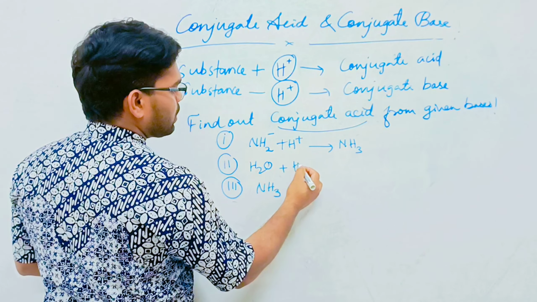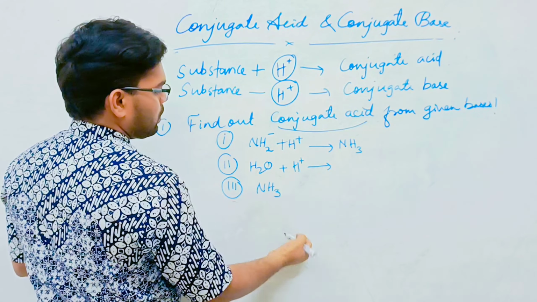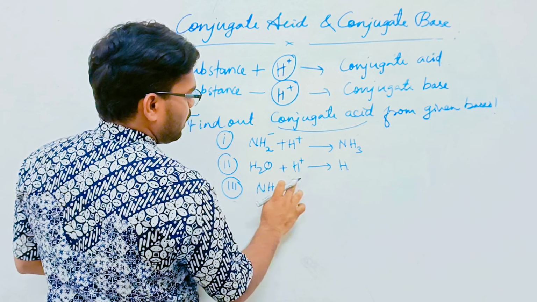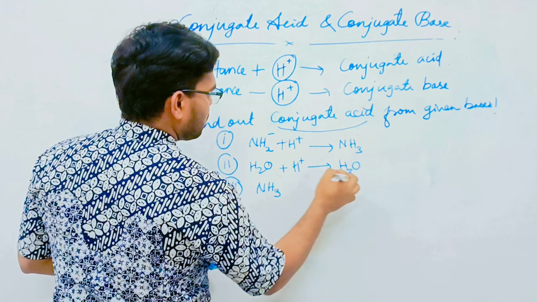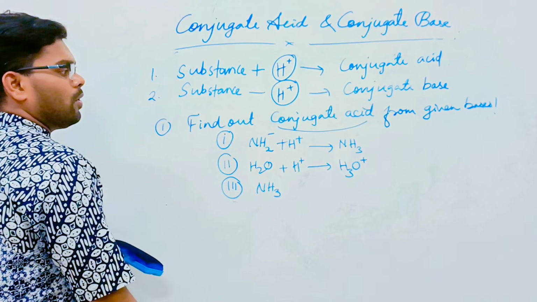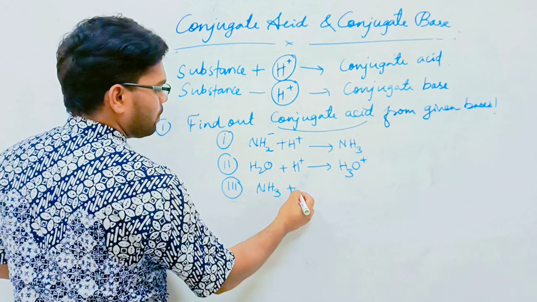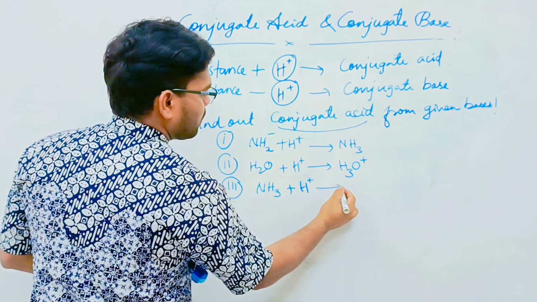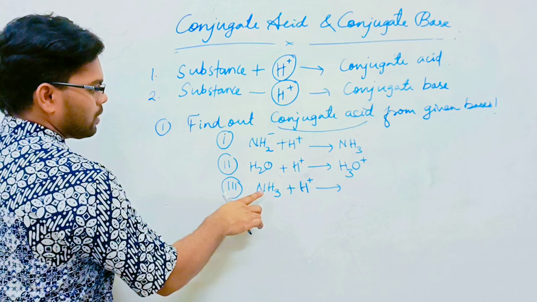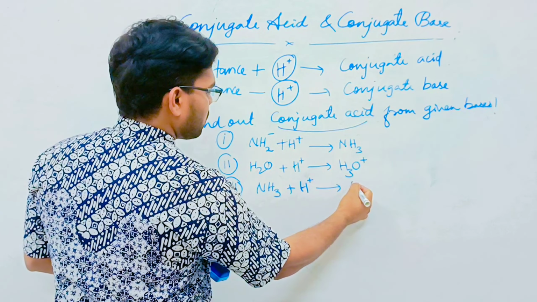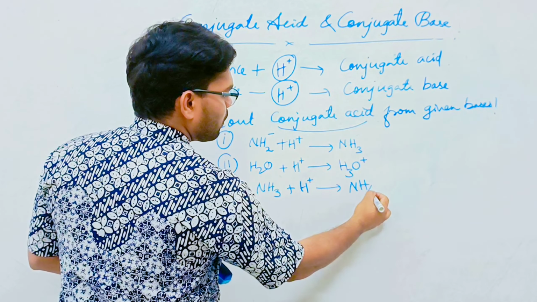Now here also you just add a proton. When you add a proton, here it becomes 3 hydrogens and 1 oxygen. This positive symbol will be there, so it will be H3O plus. For ammonia, if you add 1 proton, 1 hydrogen ion, here 3 hydrogens are there, 1 more hydrogen, so it will become NH4.